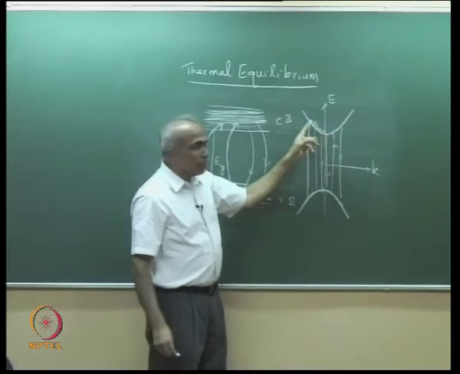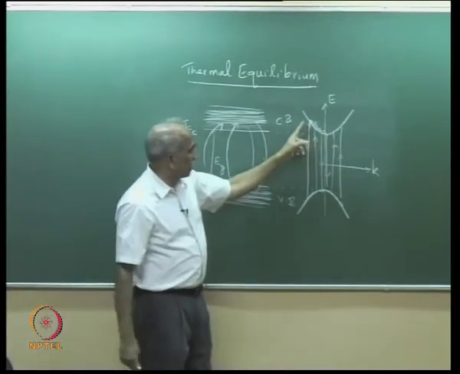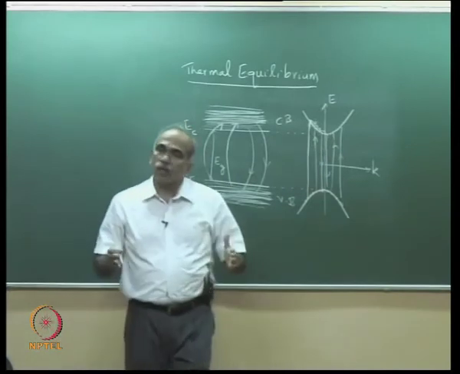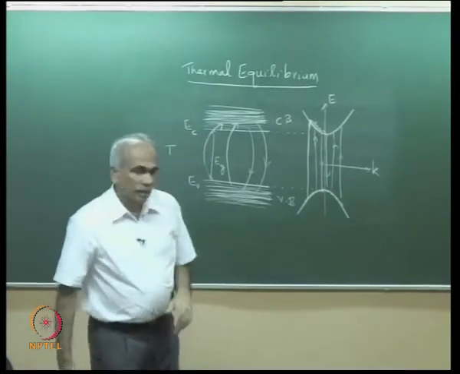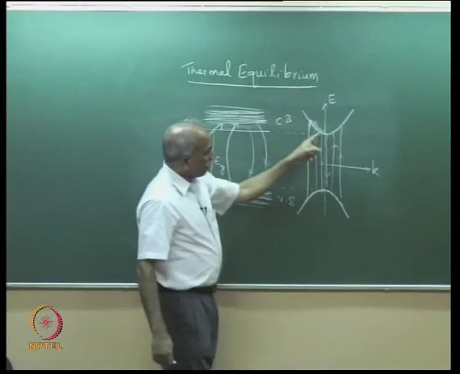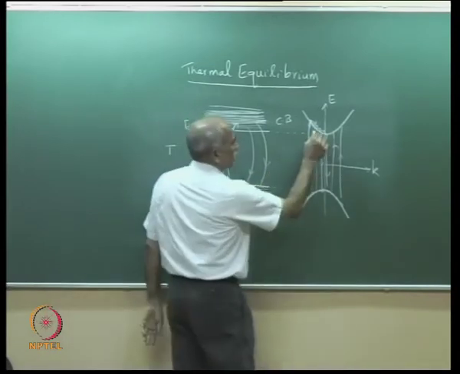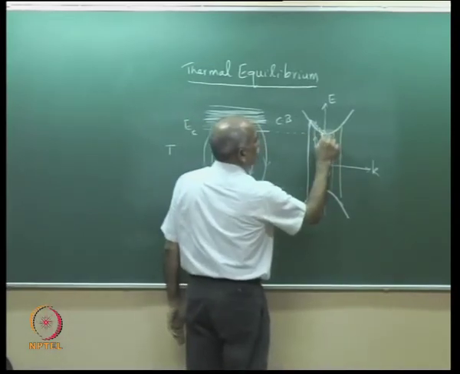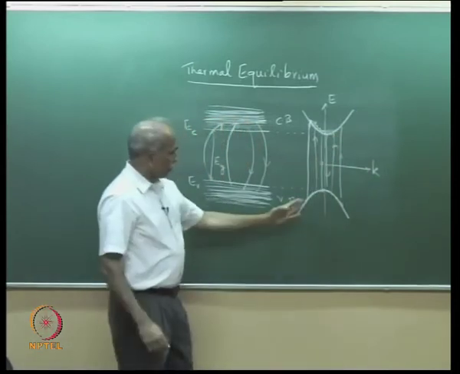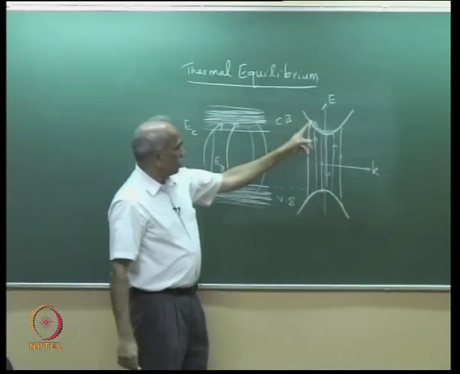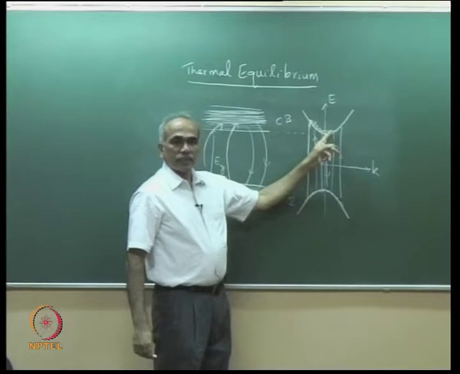Thermalization means it gives energy to phonons, and phonons are quanta of lattice vibration. So it rapidly comes down here and accumulates at the bottom of this band. Although it may be making a transition upward, it comes down and accumulates here.